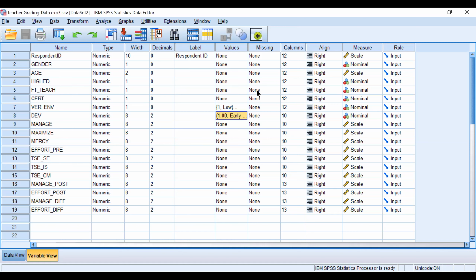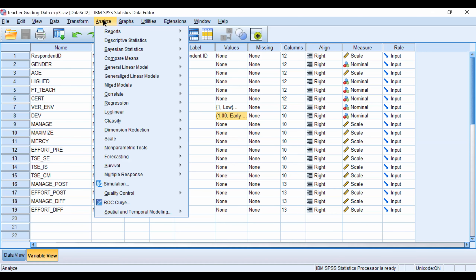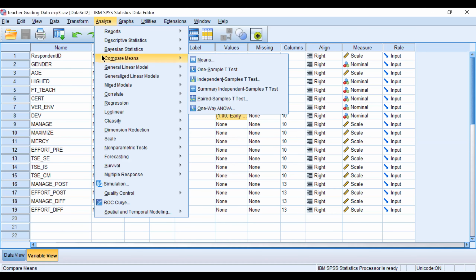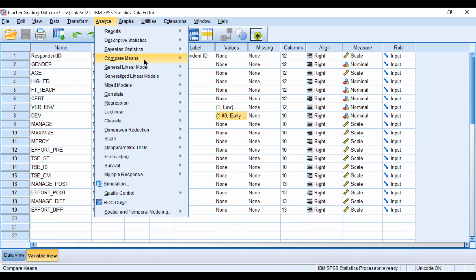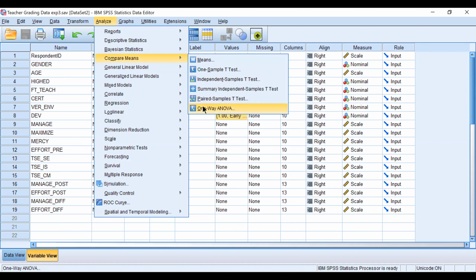So what kind of analysis can we do with this? Well, as I said, we can't do a t-test because we have three groups, not two. And a t-test is only for comparing two means. So what we have to do is an analysis of variance. Notice that in SPSS, what we call a one-way ANOVA, which is where you have one predictor, is under compare means.